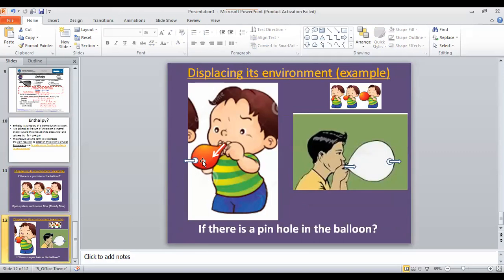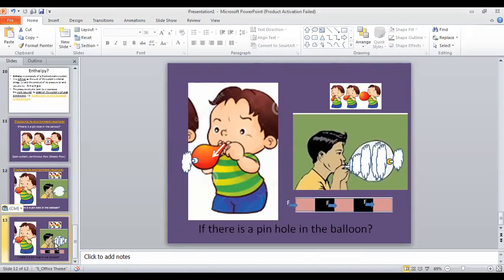In and out. Some more interesting points: if you carefully look into that, you may see that out means again displacing the surrounding. The surrounding is being displaced because there is energy; the surrounding air is being displaced by this flow out.